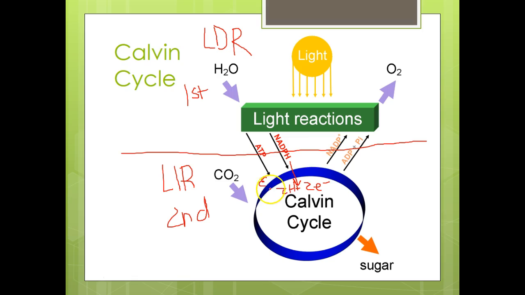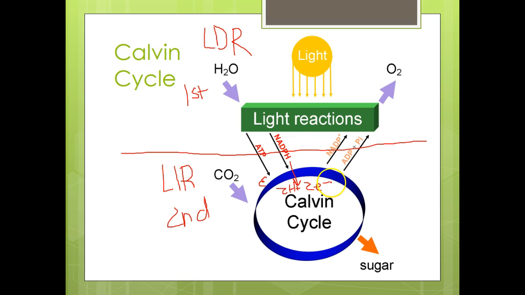ATP will drop off the energy and will be converted back to ADP plus inorganic phosphate. So notice that these two things are essentially the same two things here. The only difference is the energy that ATP is holding is going to be used, converting it back to ADP. NADPH will drop off the hydrogen ions and electrons and be converted back to NADP+, which will eventually return back to the light reactions.